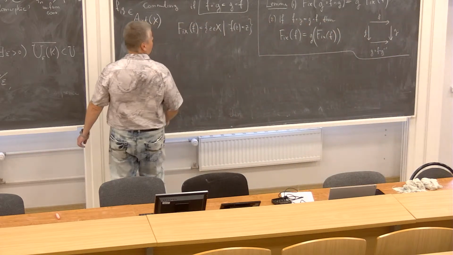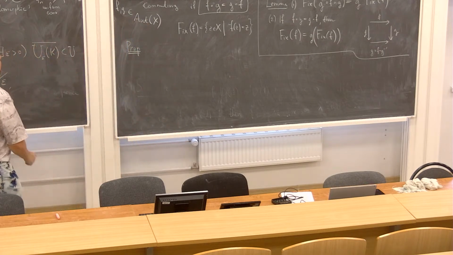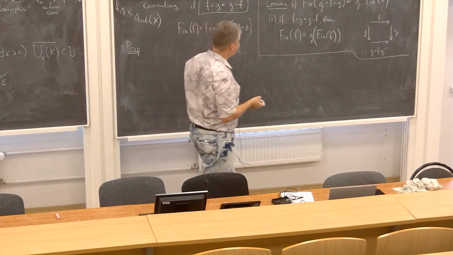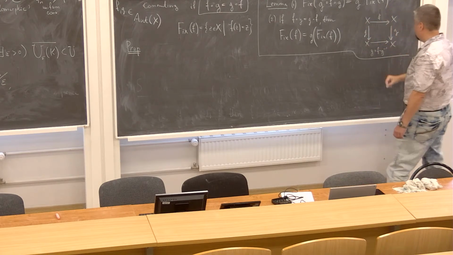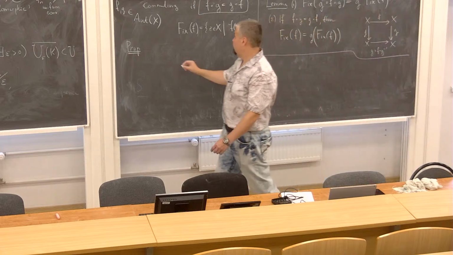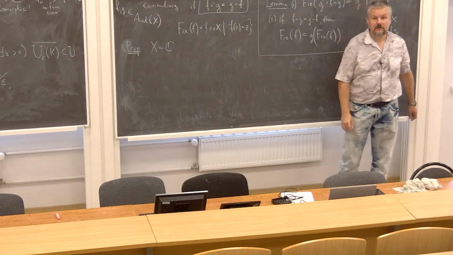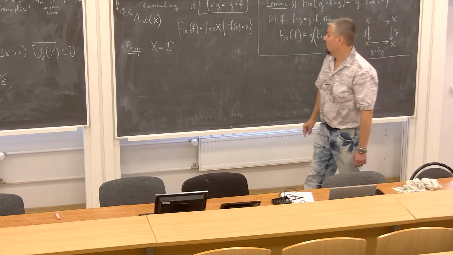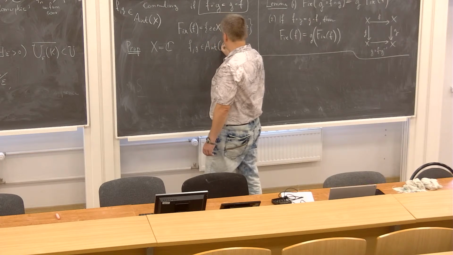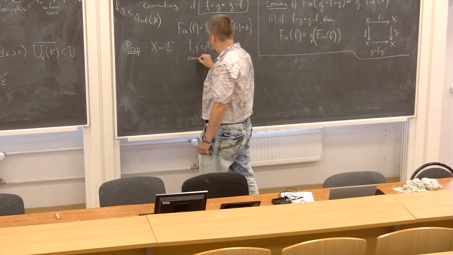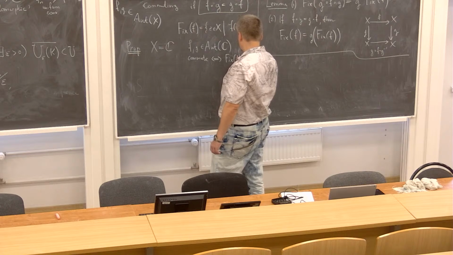For example, let me call it a proposition: if we take C and look for commuting affine maps, then F and G commute if and only if they have the same fixed point set.